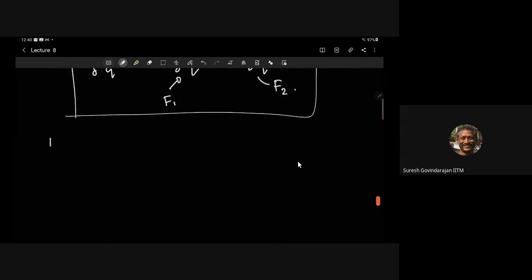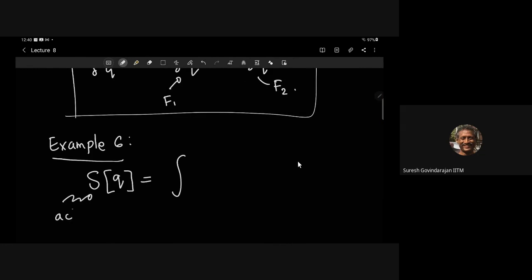Now I will do example 6. And we'll give this a name. We'll call this the action functional.